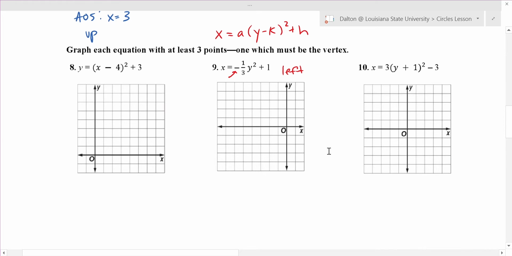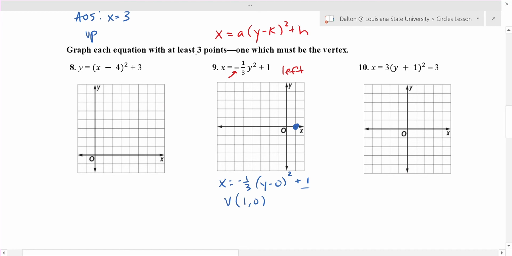So essentially, you could think about this, if it helps you, as x equals negative 1/3 times (y minus 0) squared plus 1. And if you think about it that way, then that means k is equal to 0. So then your vertex is just going to end up being, remember, (h, k), which is (1, 0). So there's your vertex. Vertex is at (1, 0).